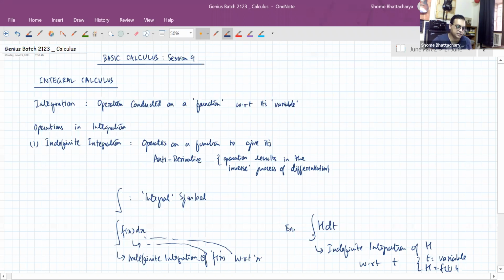Then we'll discuss the definition and meaning of integration further. So this is just the terminology of the operation.